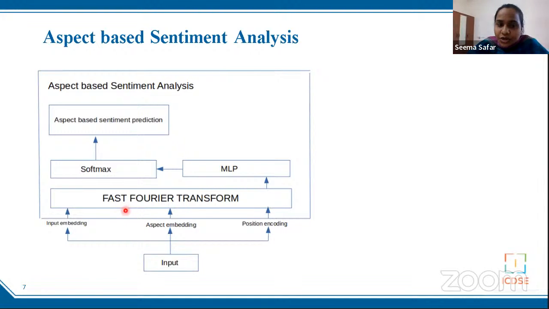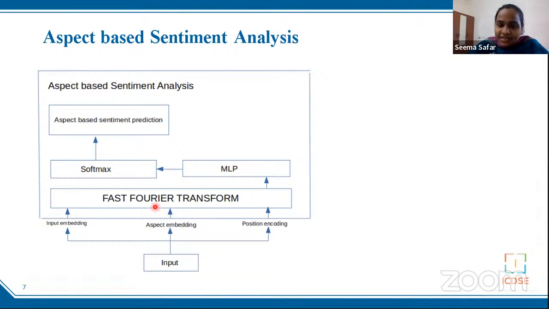Now, this is input to a fast Fourier transform layer. Normally in baseline models, we have an attention layer and the training happens inside this layer. What we have done in our work is replace that attention layer with a fast Fourier transform layer. This takes as input the input embedding, which consists of the sequence length and the hidden dimension.